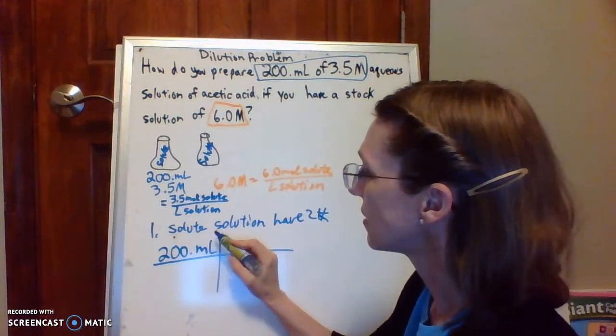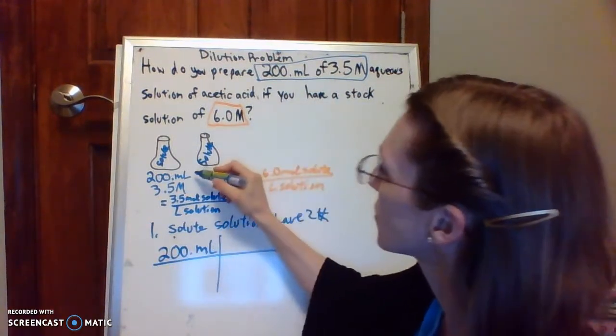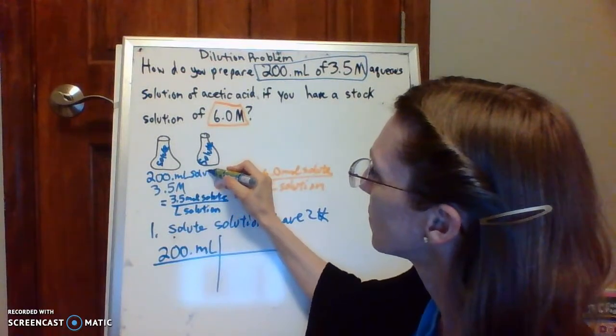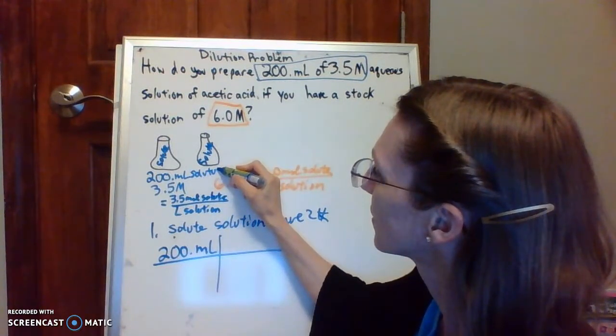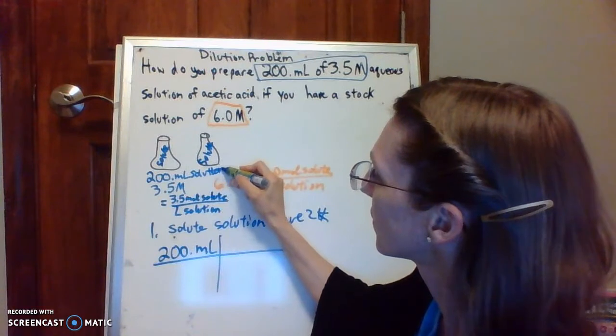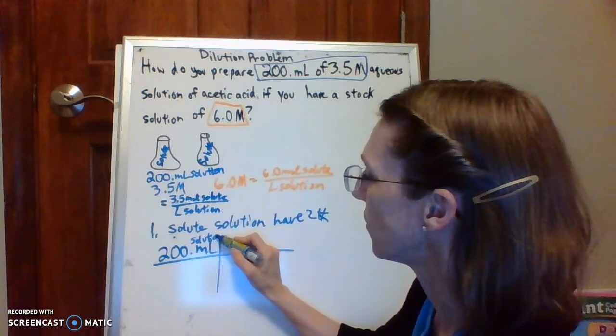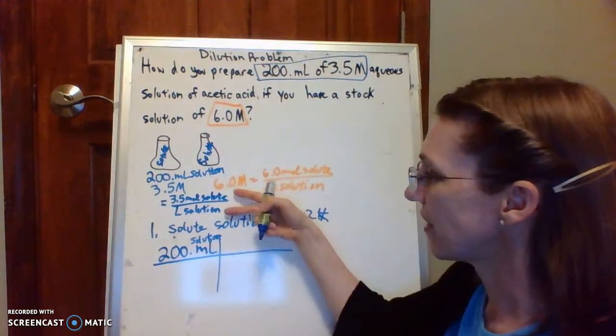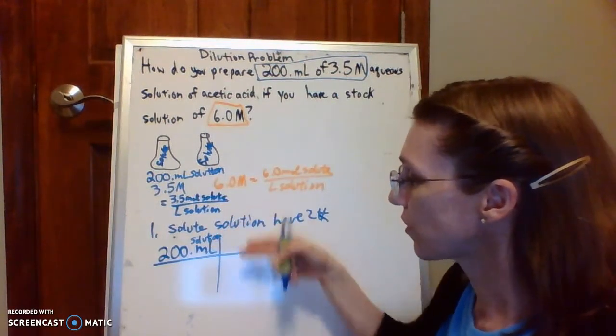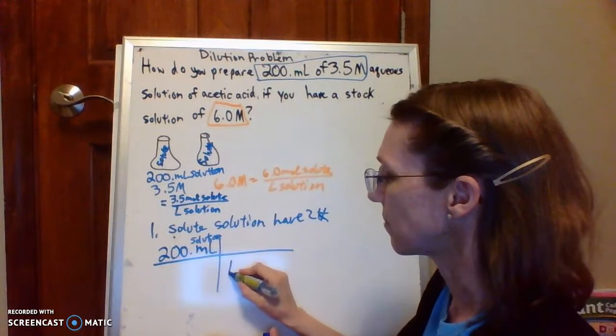Okay. So we're going to start with the number that's not the conversion factor, 200 milliliters. Volume, this is milliliters of the solution. I should specify. If we don't specify what it is, we don't know how to put our conversion factor in there. Milliliters of solution, so we need volume of solution on the bottom.